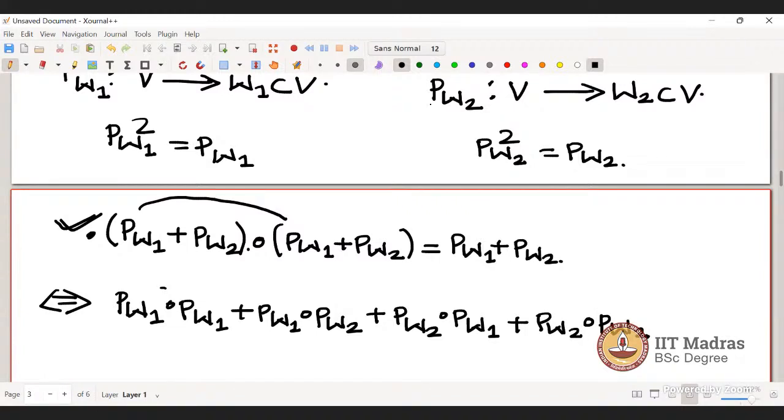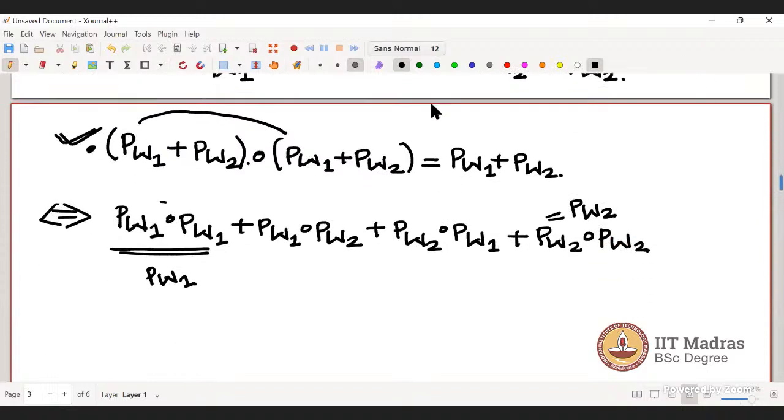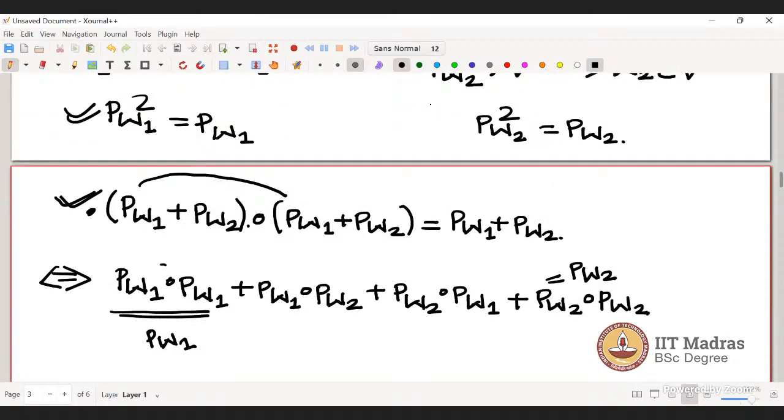And after that, I'm using the fact that this is nothing but PW1, and this is nothing but PW2. So this middle portion is 0. So this map is a projection map if and only if this middle portion is 0.